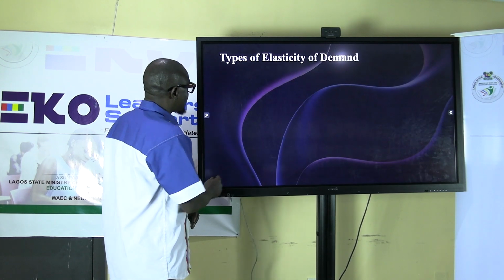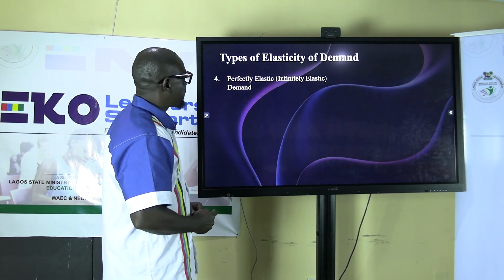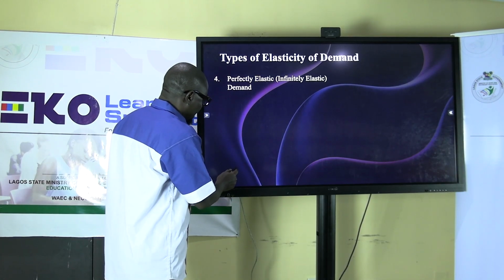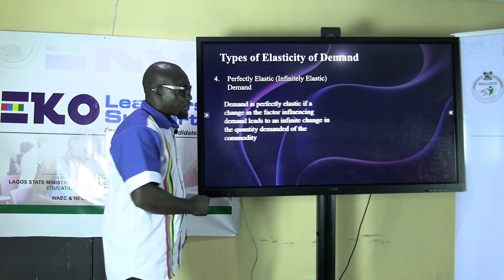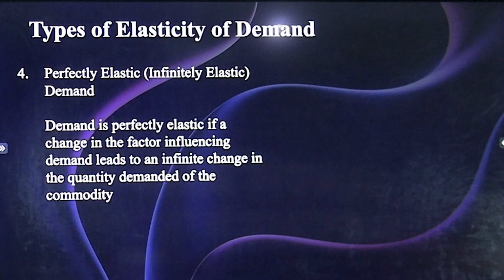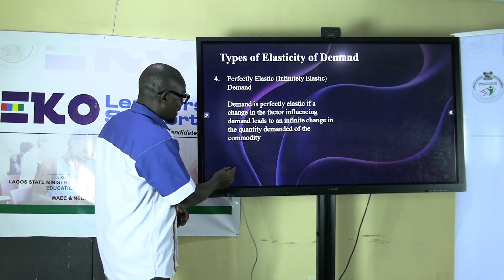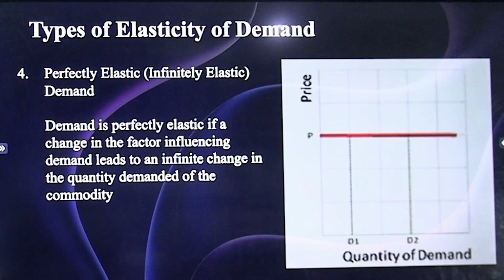The fourth is perfectly elastic or infinitely elastic demand, where price affects quantity demanded infinitely. So at a given price, you have an infinite possibility of quantities demanded. Okay? And that is characterized by a horizontal demand curve.